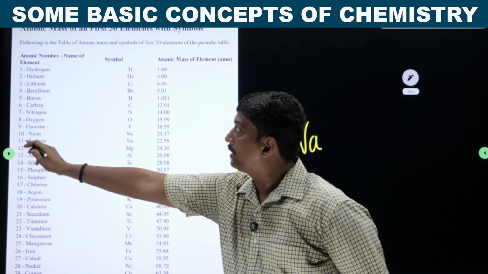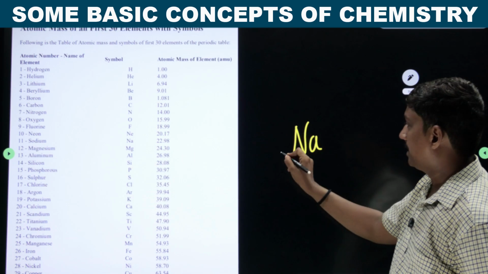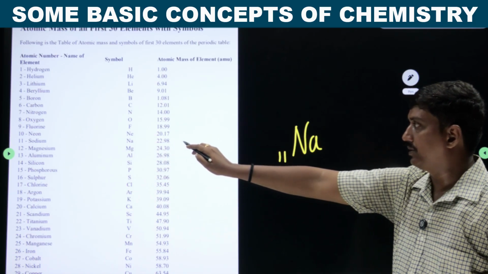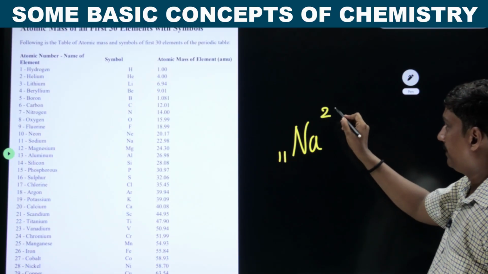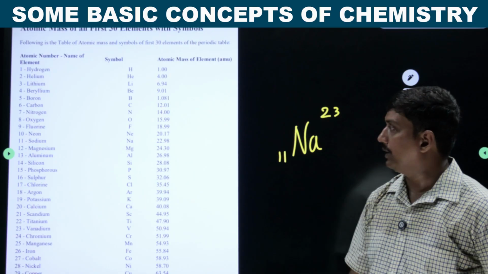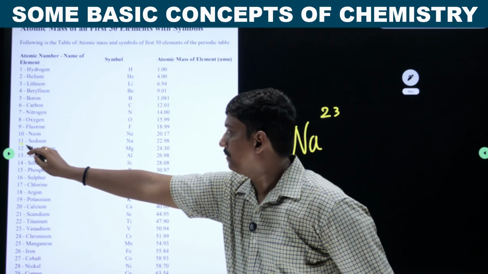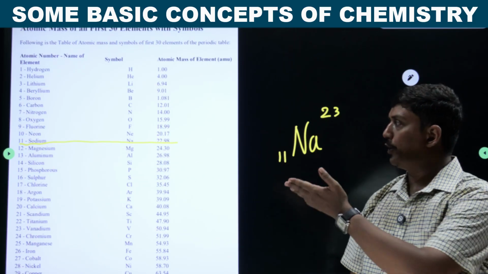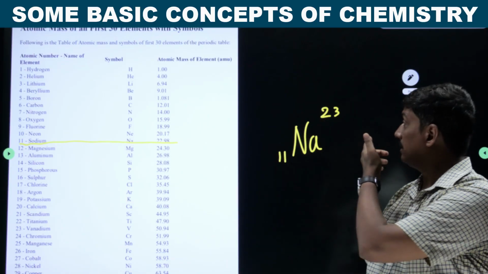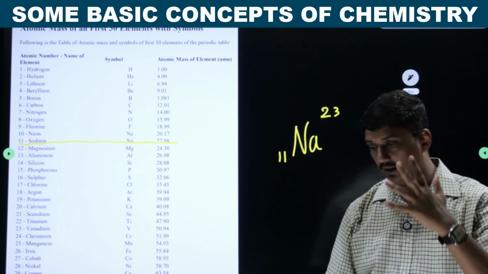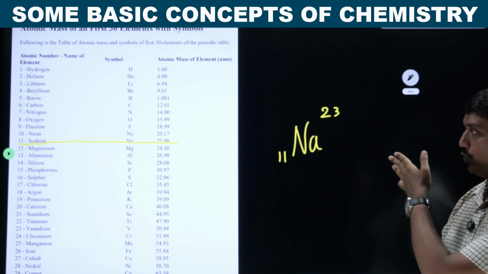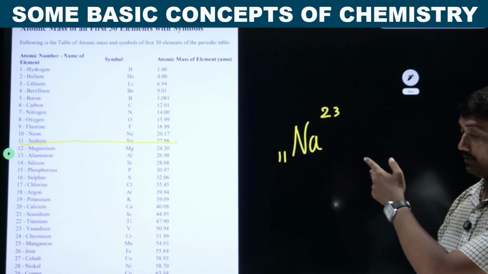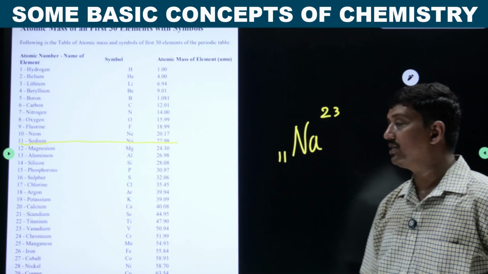Look here, atomic number is given as 11. The corresponding mass number is given as 23. The actual value is 22.98, which is important. I have written 23. Later it will be explained why I have not written 22.98. What is the reason? It will be explained in the next session.